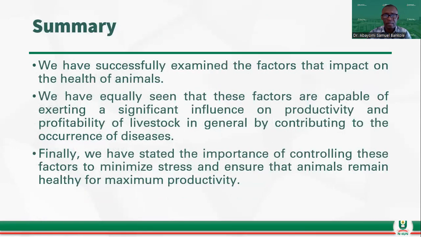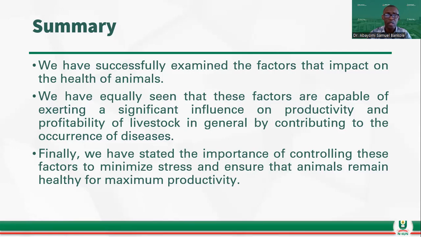All right. Basically, that's what we have to discuss today. So in summary, what have we been able to discuss? Number one, we have successfully looked at the factors that impact on the health status of our animals.